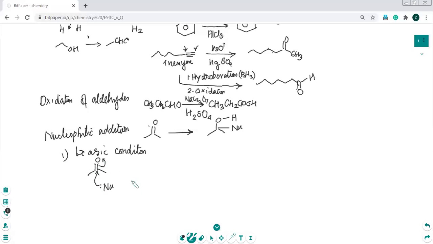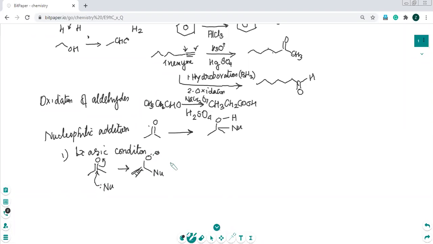Right? So what you get is R, R1 and R. You have the nucleophile on this side attached, and this forms O minus. So this is under basic condition.